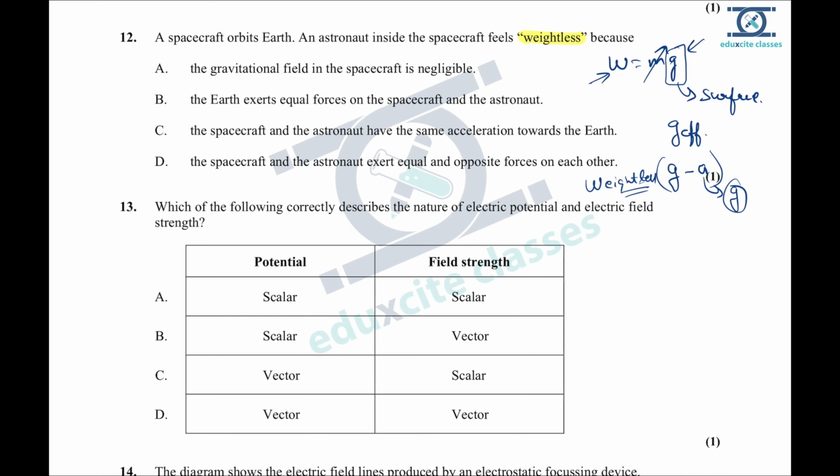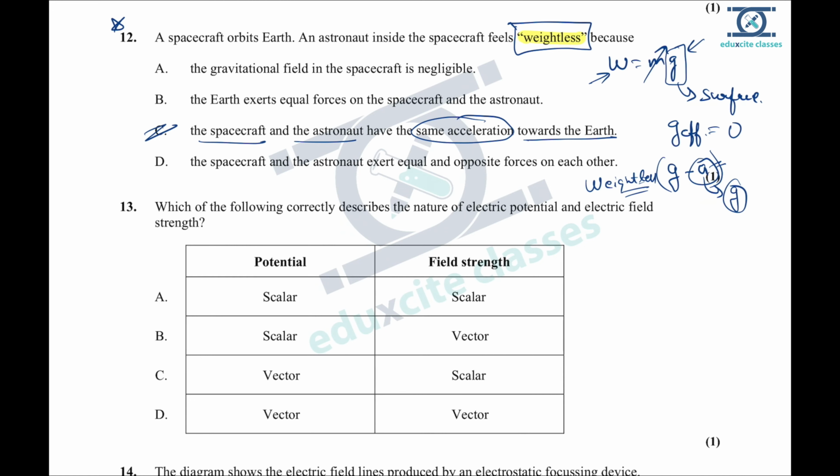The acceleration is the same, towards the Earth. So the spacecraft and the astronaut have the same acceleration towards the Earth. In that case g effective will be 0 and you will consider it as weightlessness. This is very important and a conceptual part. So the answer is C. I hope I have tried my best.